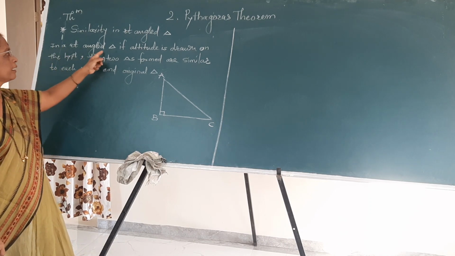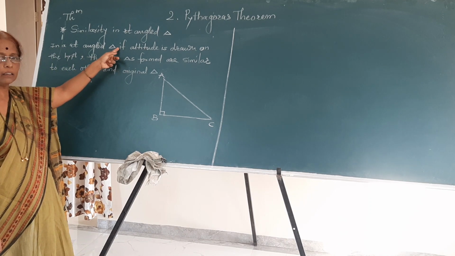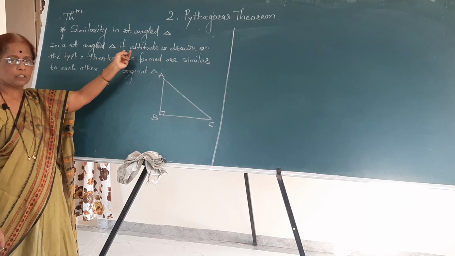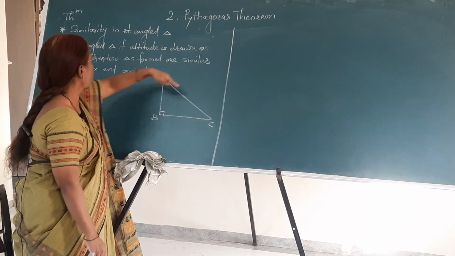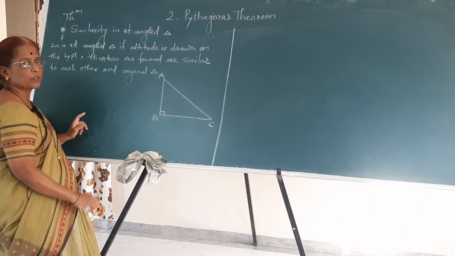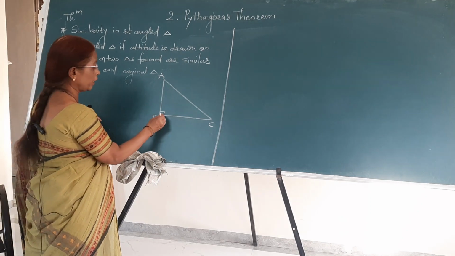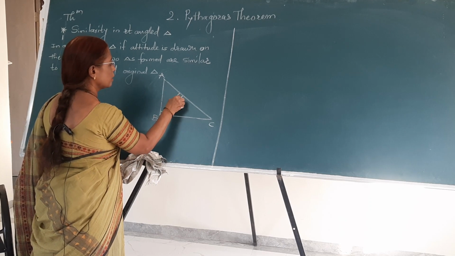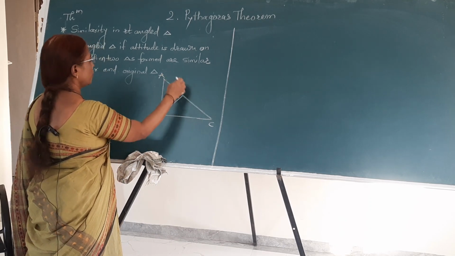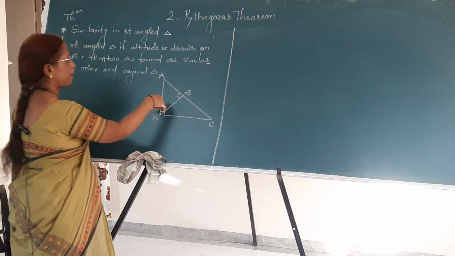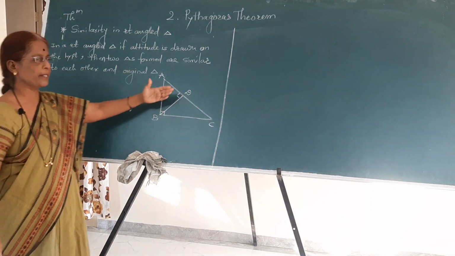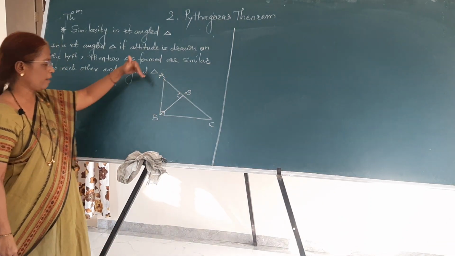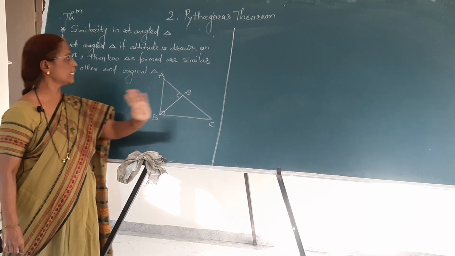In a right angled triangle, if the altitude is drawn on the hypotenuse, means we have to draw the altitude from the vertex on the hypotenuse, that is BD perpendicular. Altitude means perpendicular we have to draw. So I have drawn perpendicular BD on AC.